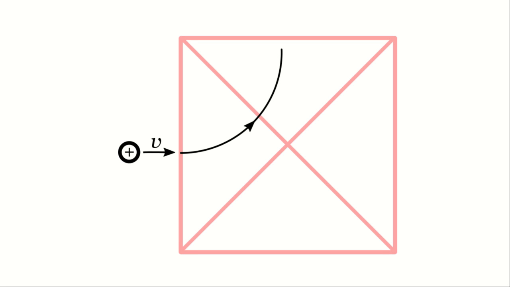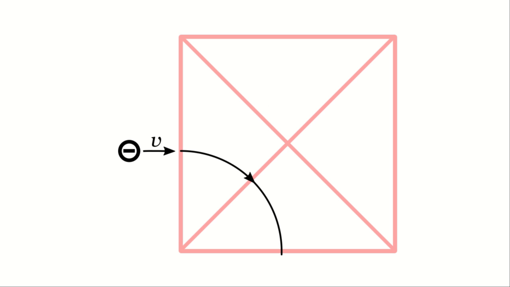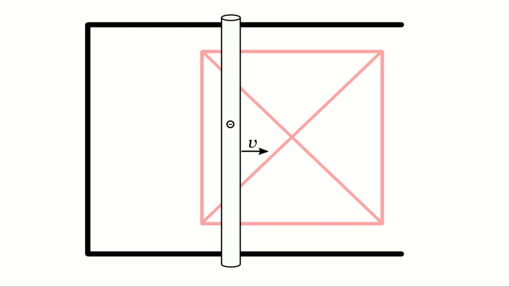If we swap it out for a negative charge, then the current goes in the opposite direction and we get a downwards force, and as I said, it's equal to BQV, which we talked about previously. If I capture the charges in a conductor, so the negative charges in conductors are free to move, and I move that conductor through a magnetic field, then the force on them is the same.